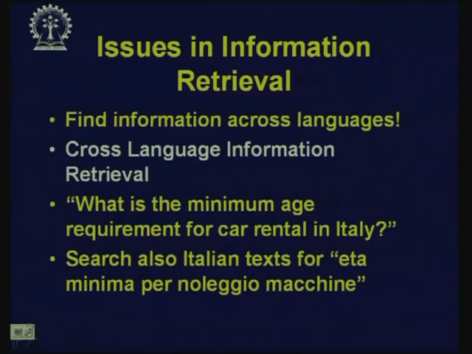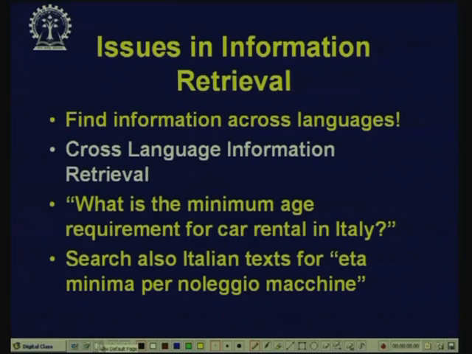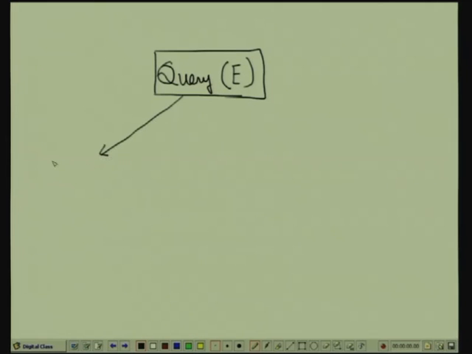So, and my query has been given in English. Therefore, what is needed is that I will accept the query in English, and I will go to the documents, search documents which are English documents.